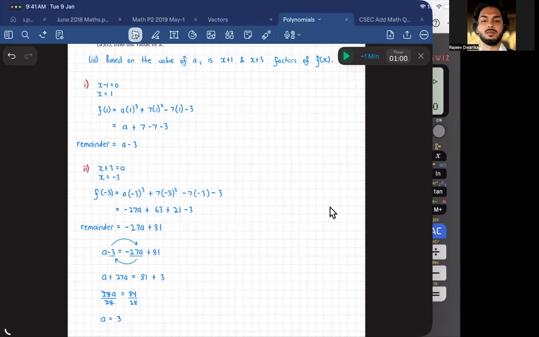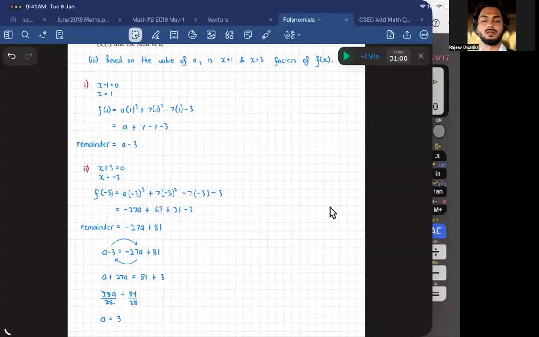All right. If something is a factor, what do we know about its remainder? Its remainder would be 0. What do we find a to be? 3. What was the remainder when we divided f of x by x plus 1? a minus 3.